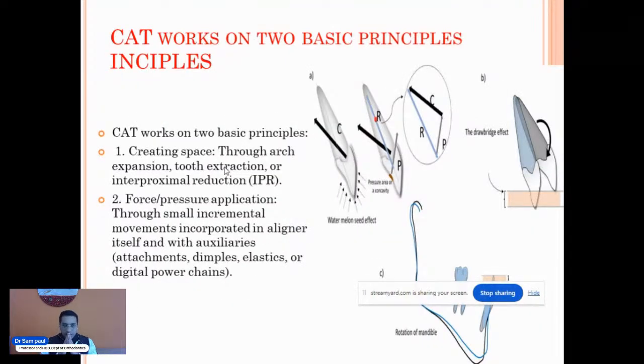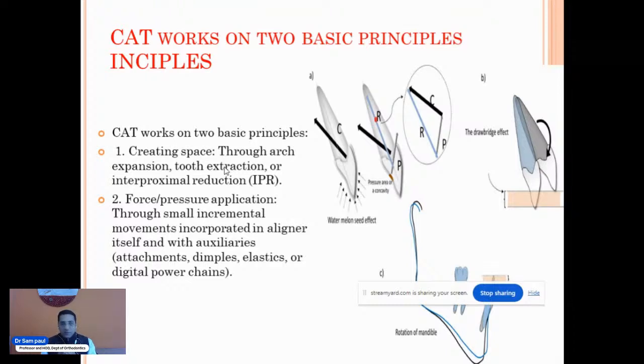So CAT, clear aligner treatment, works on two basic principles. One is creating space. Another one is force pressure application. You should remember that the basic principle of clear aligner treatment is, one, creating space, and another one, force pressure application.